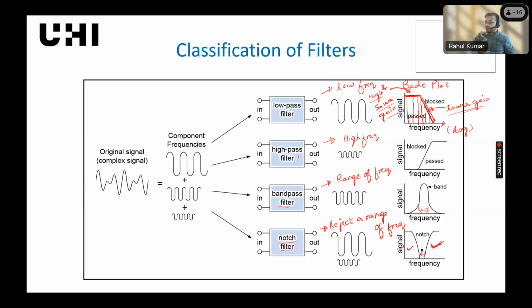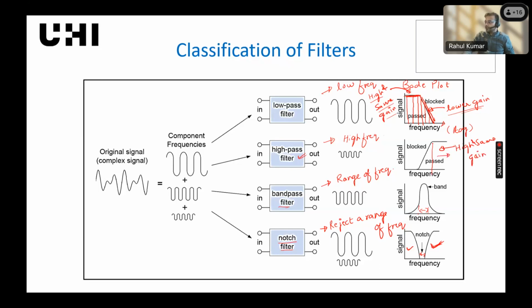Quite similar in case of high pass filter, or basically it's the opposite. It's giving a high and same gain for higher frequencies, right?